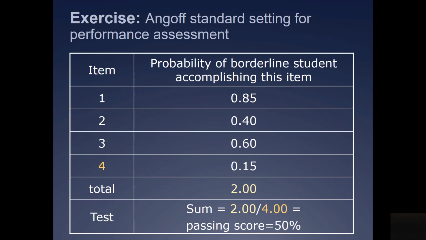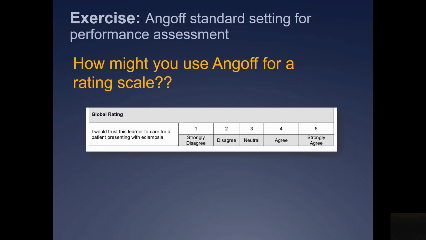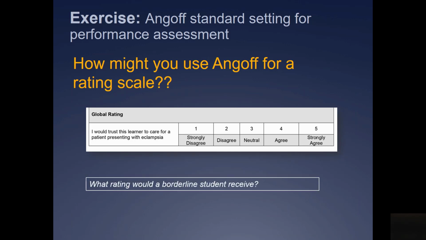Okay, now, what do we do if we have a rating scale? Well, then we talk about what rating a borderline student would receive. It might be a neutral, it might be an agree. In certain settings, if this were a mastery model and everyone knew it, the minimum would be an agree.